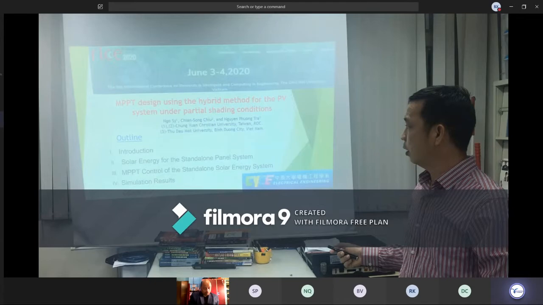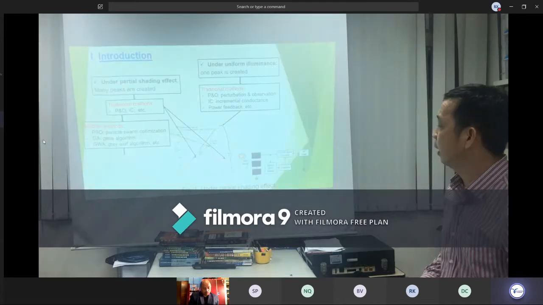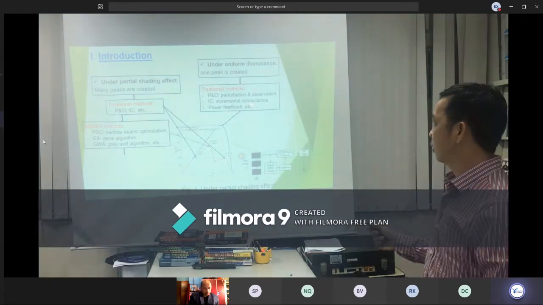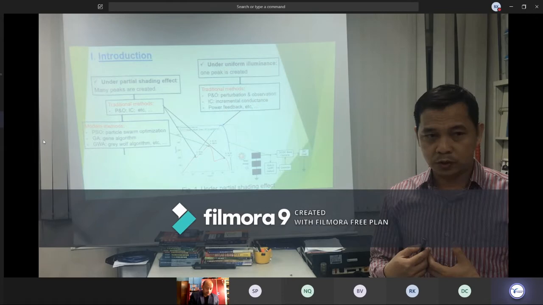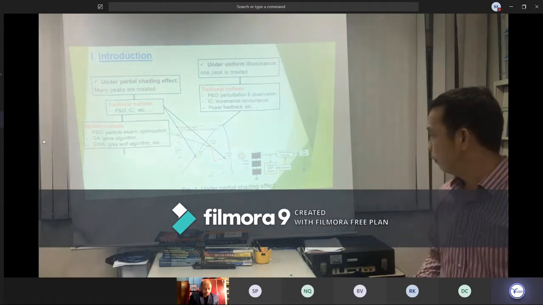In this slide, I will show part one. Under uniform illuminance, traditional methods such as P&O, IC, and so on, it's easy to get the MPP because there is only one peak on the PV curve.